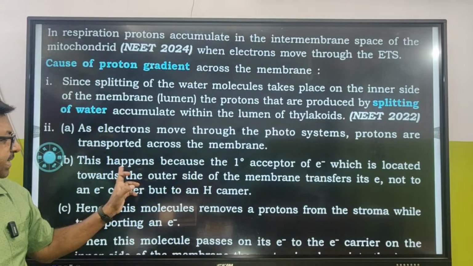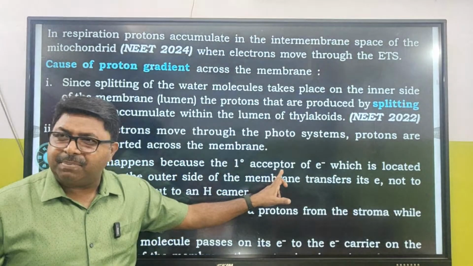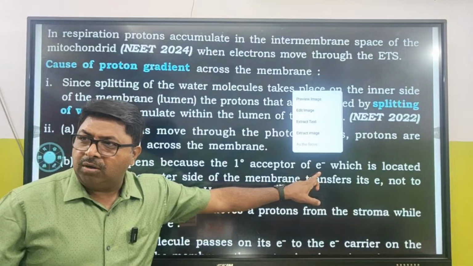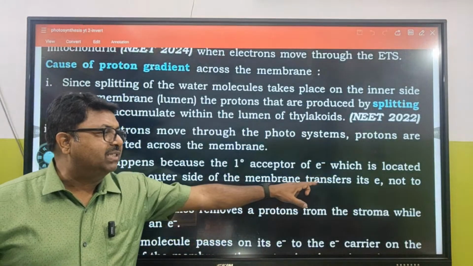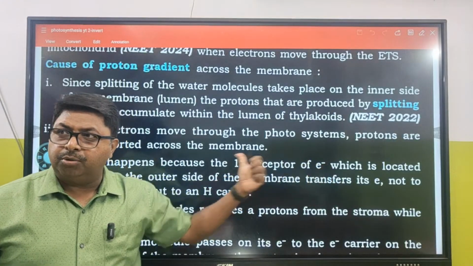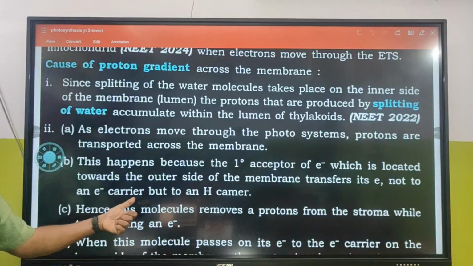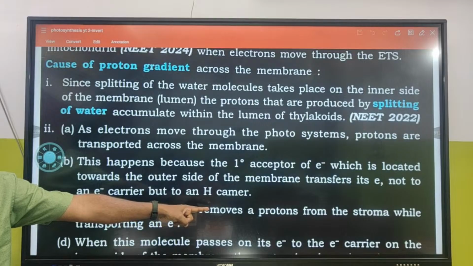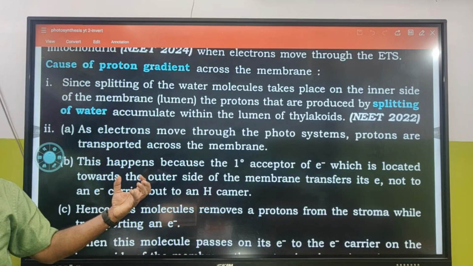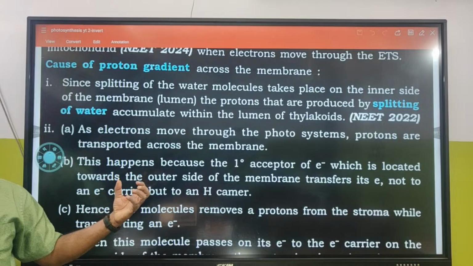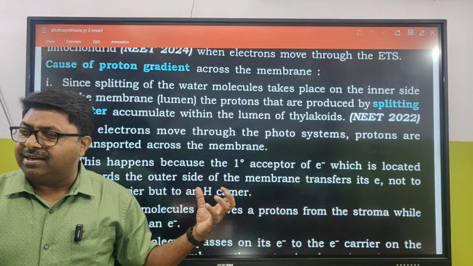So this happens because the primary acceptor of electron, which is located towards the outer side of the membrane, transfers its electron not to the electron acceptor but to a hydrogen carrier. So what is going to form inside the lumen? Again, a hydrogen pool, hydrogen gradient, hydrogen concentration.